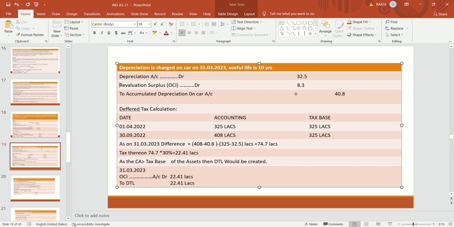The depreciation account debit of 32.5 is on original cost, and on the revaluation surplus we make 83 divided by 10, that is 8.3, and total accumulated depreciation on the car will be 40.8.